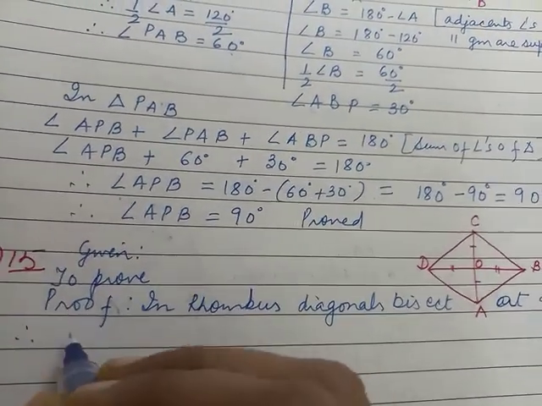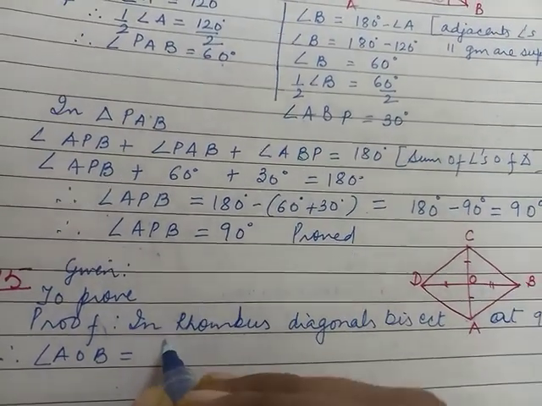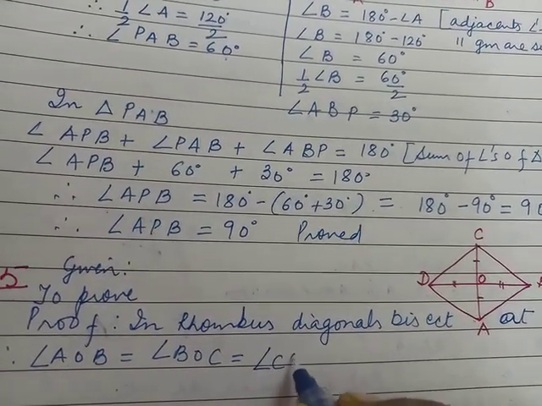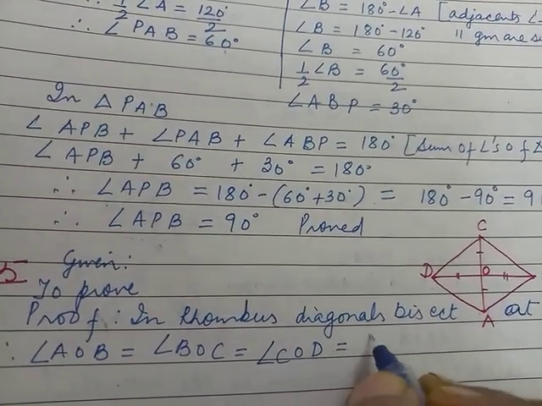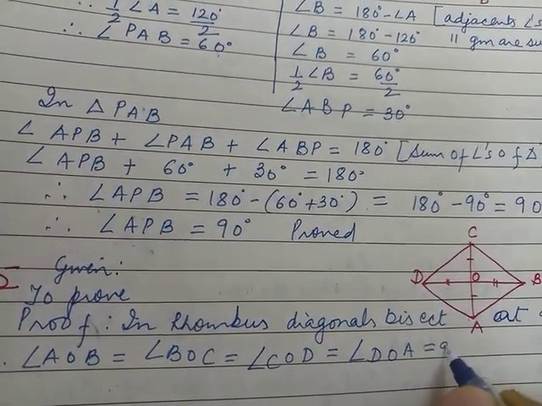Therefore, angle AOB is equal to angle BOC is equal to angle COD is equal to angle DOA is equal to 90 degrees.